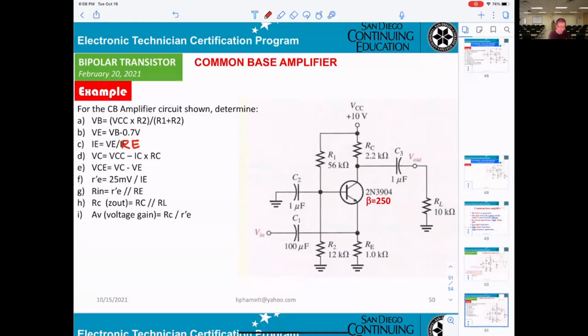Okay, let's say VB. What do you get? 1.76 volts.